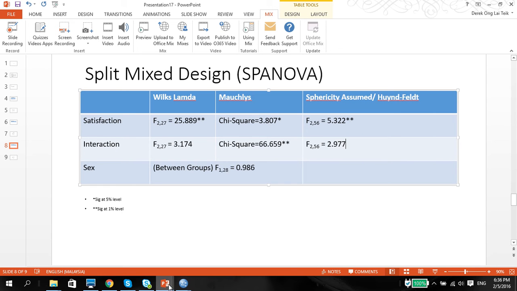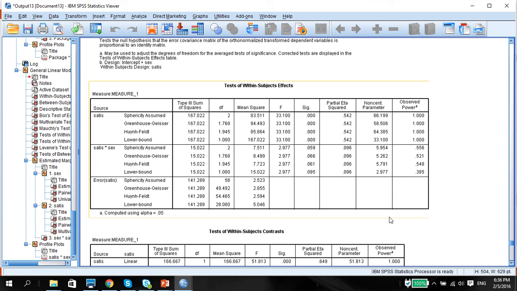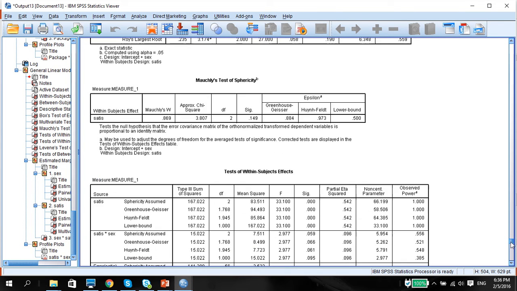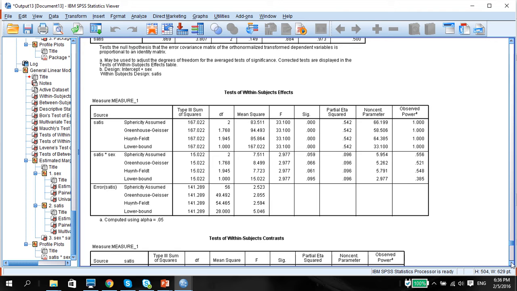It's not significant. Chi-square for Mauchly. Not significant for this one. And it is significant for the F.